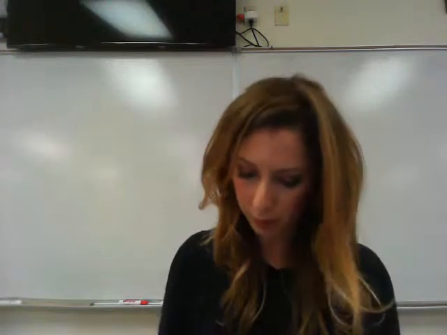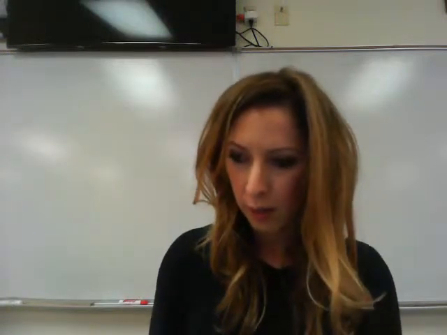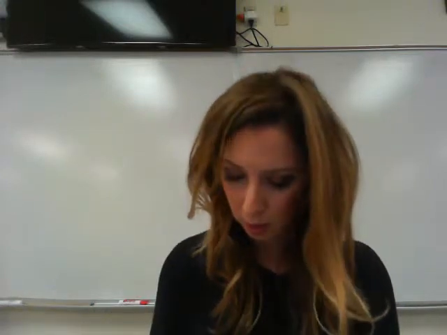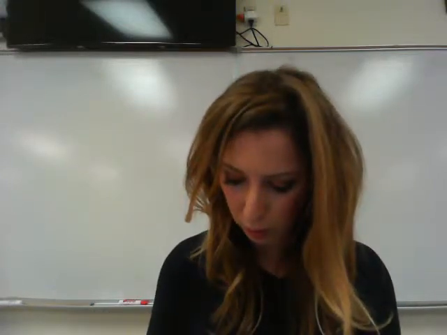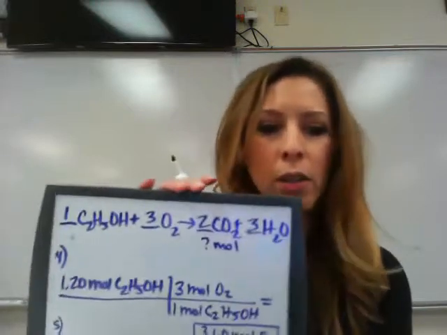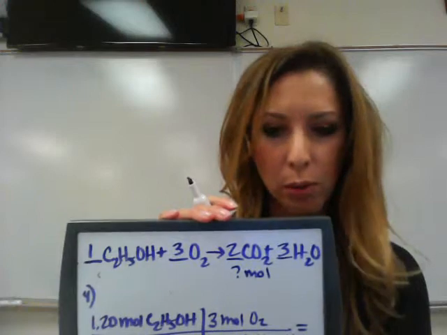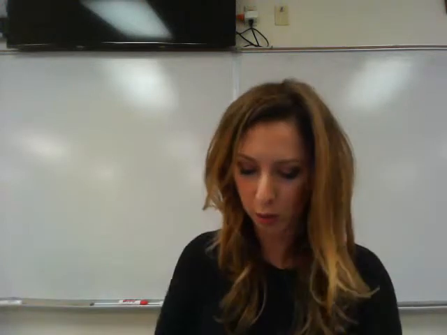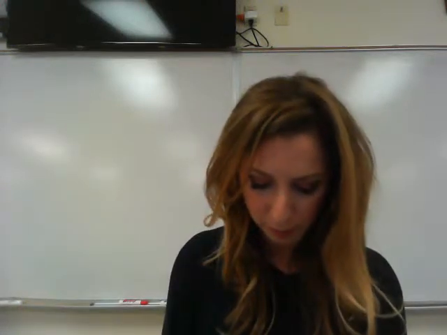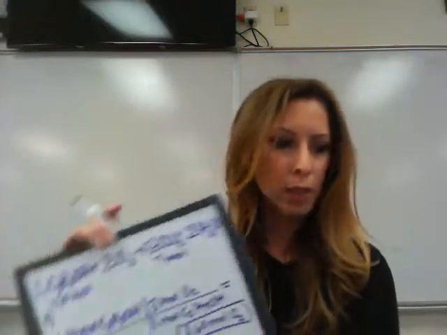Okay, now, number 5, how many moles of CO2 are produced? So we're going to use the same balanced equation. So I'm going to put a question mark moles underneath CO2. How many moles of CO2 are produced by burning 1.20 moles of ethyl alcohol? So we're still using the same quantity of ethyl alcohol.